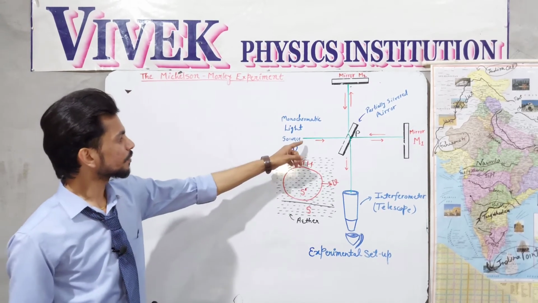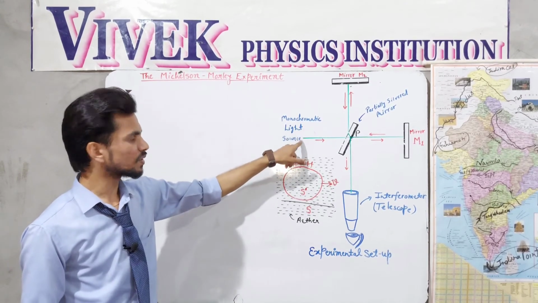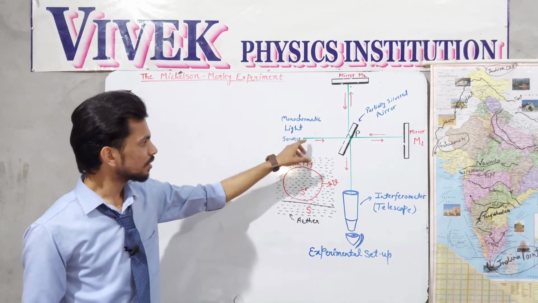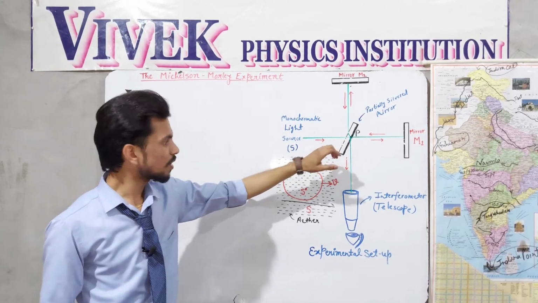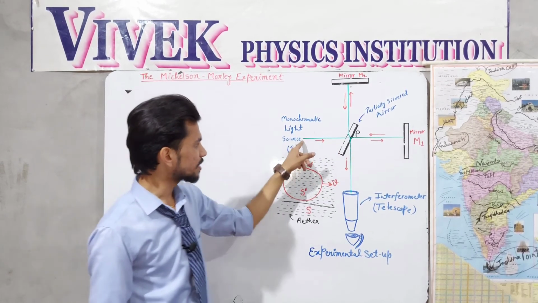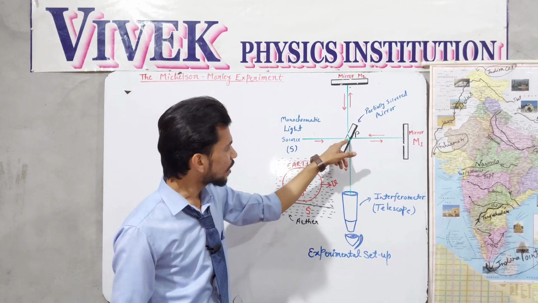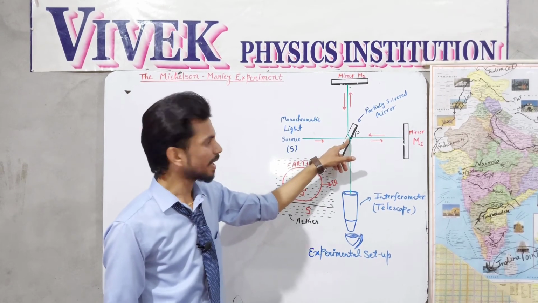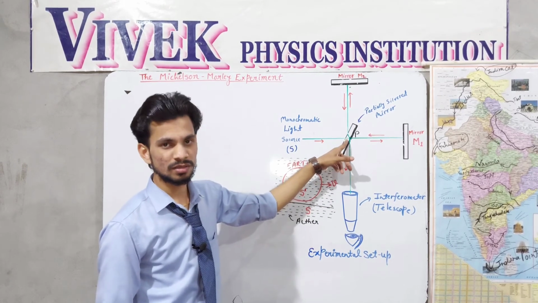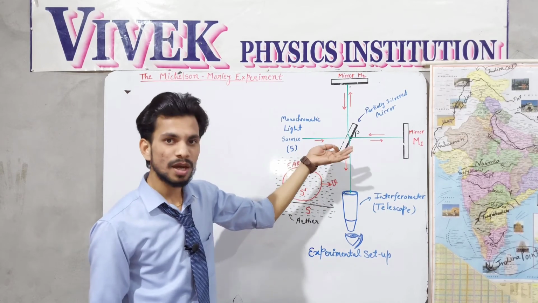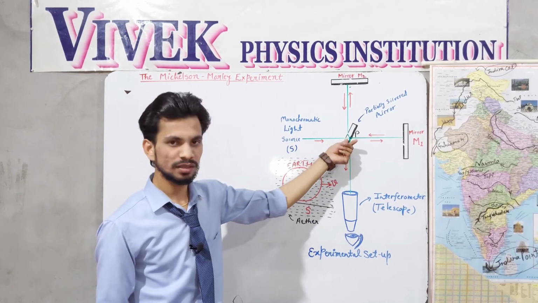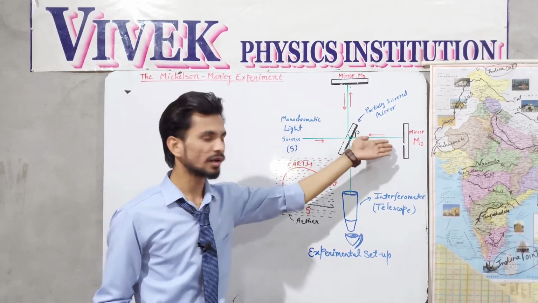You can see here from this monochromatic light source S, a light ray, colored green, comes from the source S and falls on this point P. As this is a partially silvered mirror, it allows a part of the incoming ray to reflect as well as refract.